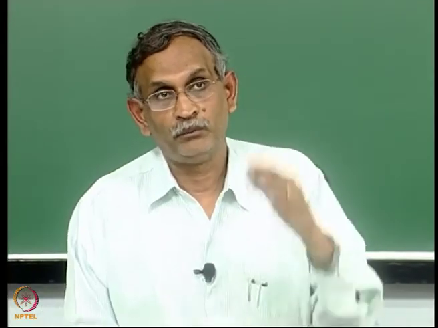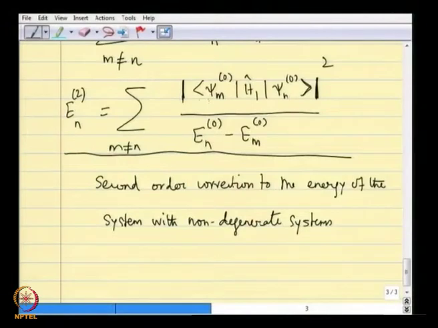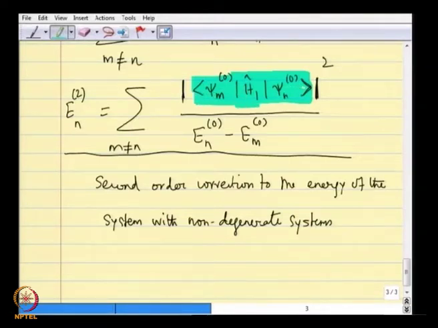Then the matrix element between the bra state of a particular row, the Hamiltonian, and the ket state of that particular column is what is called the matrix element of the Hamiltonian. So, now the term that you have here, namely psi m0 H1 psi n0, is a matrix element, but please remember m is not equal to n, and therefore this is the off diagonal matrix element.